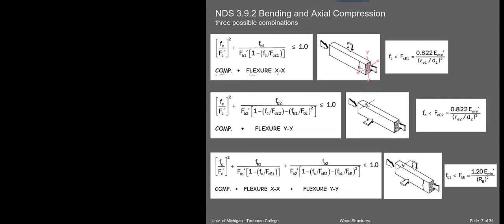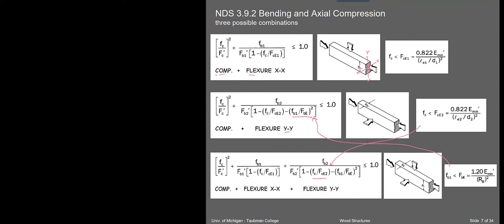Anyway, this would be strong axis flexure, this would be the flatwise, and this would be a combination of them both. So you can have any of those three. I wrote these up here, but this one also applies, that's B1. They apply wherever they are in the formula.